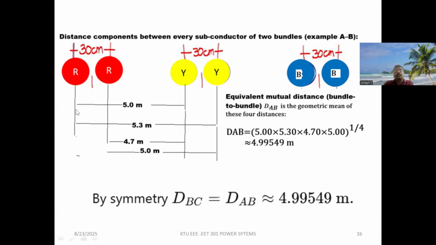That is, there exist 4 distances between R bundled conductor and Y bundled conductors. So these are respectively 5, 5.3, 4.7, and 5. So there are 4 distances. That means we have to find that particular root. If there is only one distance, there is nothing to mention. Or if there are 2 distances, usually there is no case like that.